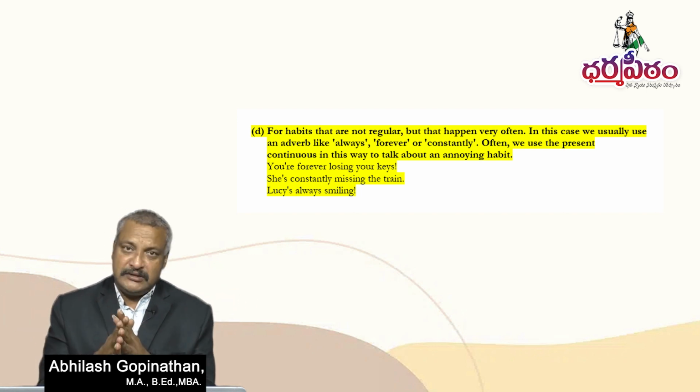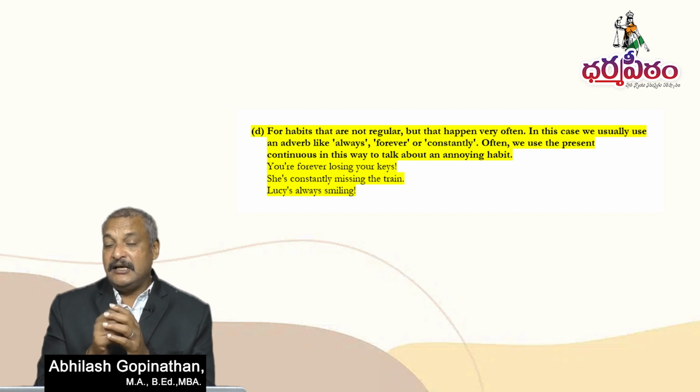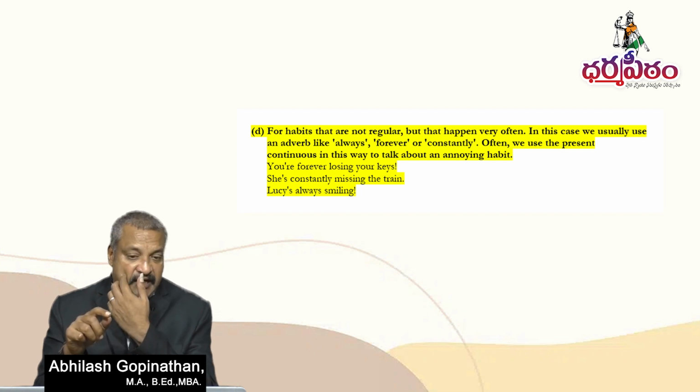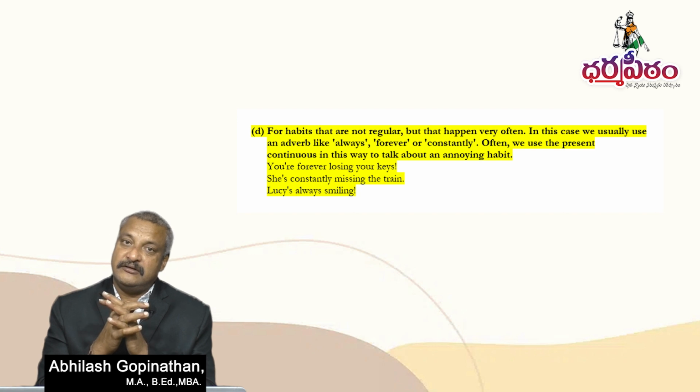It's not a permanent one. It's not a recently started one, but it happens now and then. So that is why it is mentioned as annoying habits. And this we use in relation with adverbs like always, constantly, or forever.